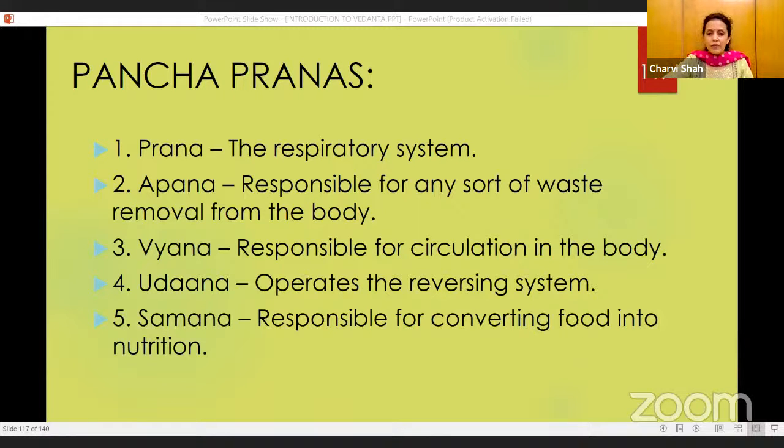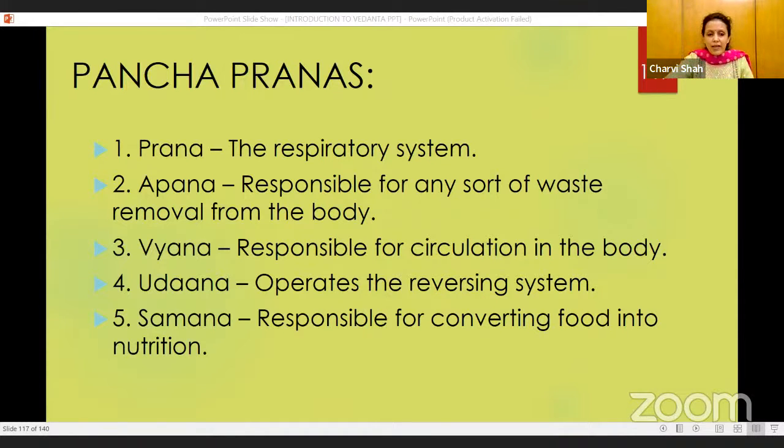Saman is responsible for converting food into nutrition. Saman, whatever we eat, it breaks it, crushes it and makes it all the same. Like there is no difference between roti and sabji and milkshake. Everything becomes ek saman. So that is how you remember Saman.